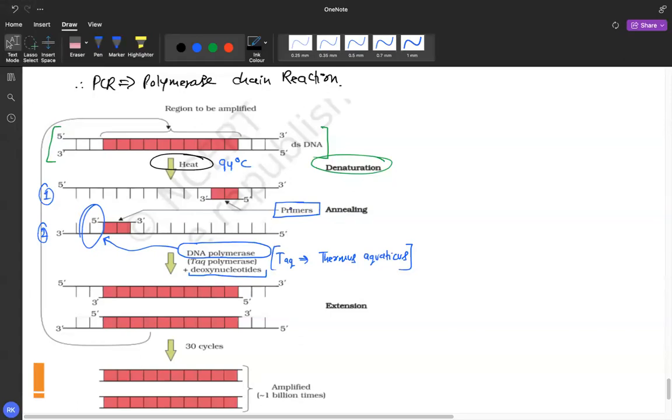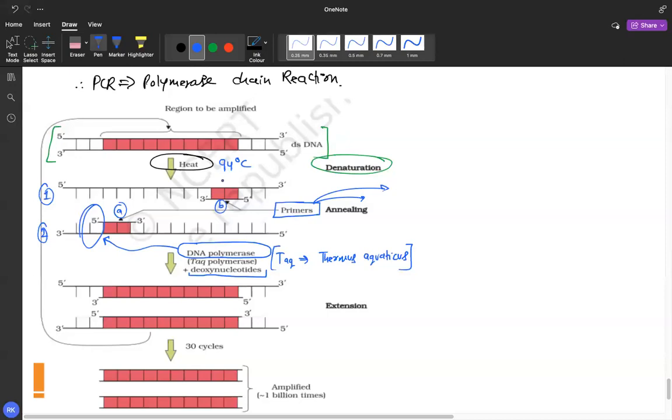Okay, so you don't have to start from zero or first. You don't have to add the first polymerase. You can start with the primer and then continue adding after the primer. Now these primers come in, you have to use two primers as you have understood by now. One which will act here, primer A, and one which will act here because there are two strands that opened up, right?